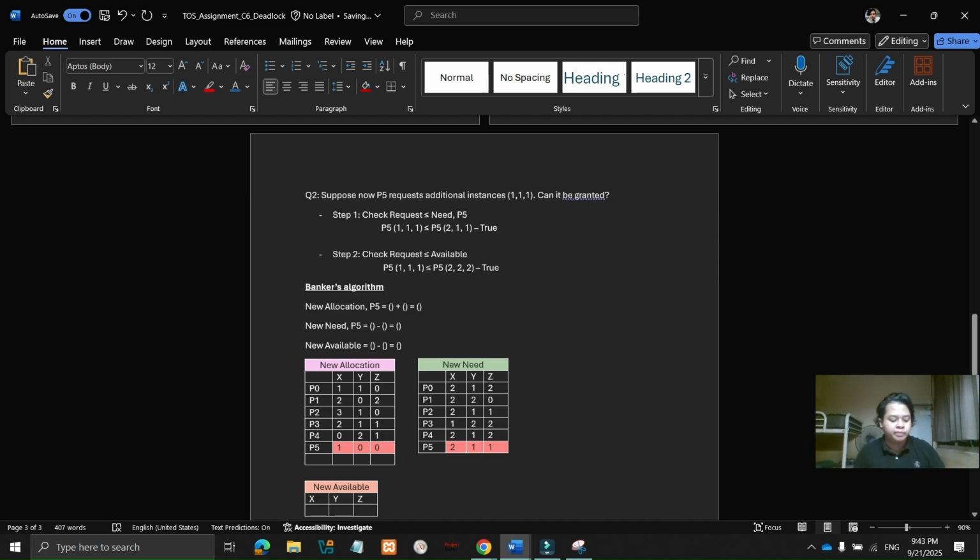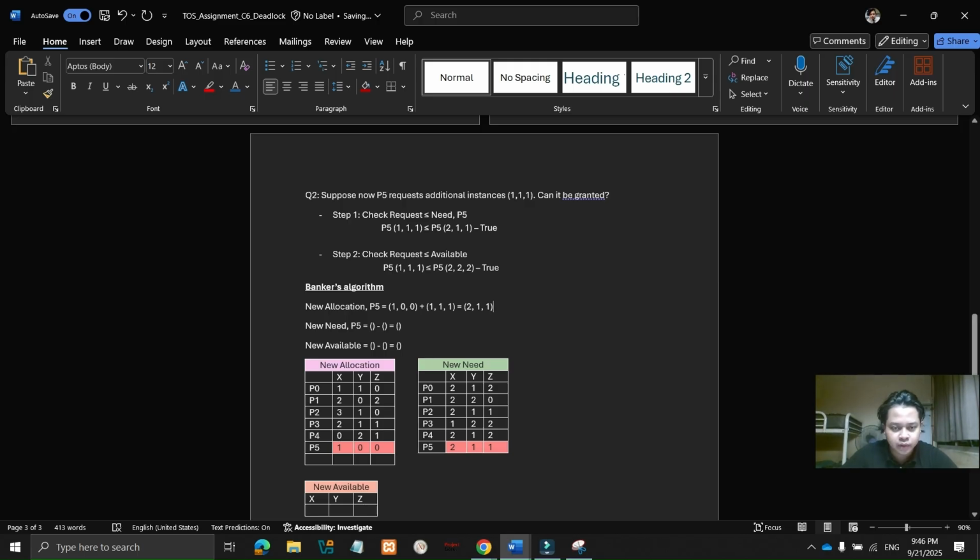So proceed to the banker's algorithm. Now we plus the allocation of P5, which is 1 0 0. Then add the request 1 1 1 equals to 2 1 1.